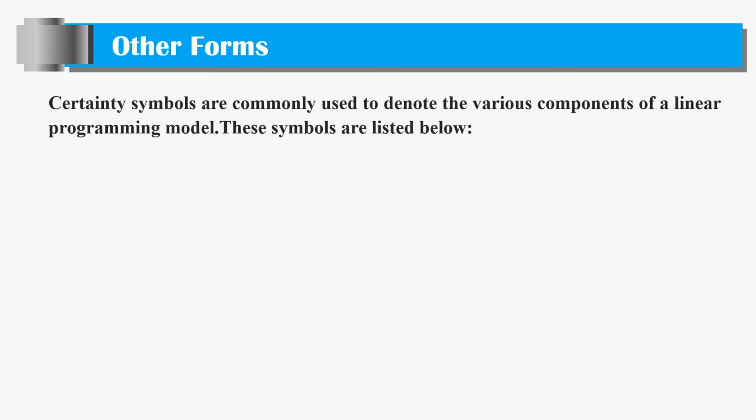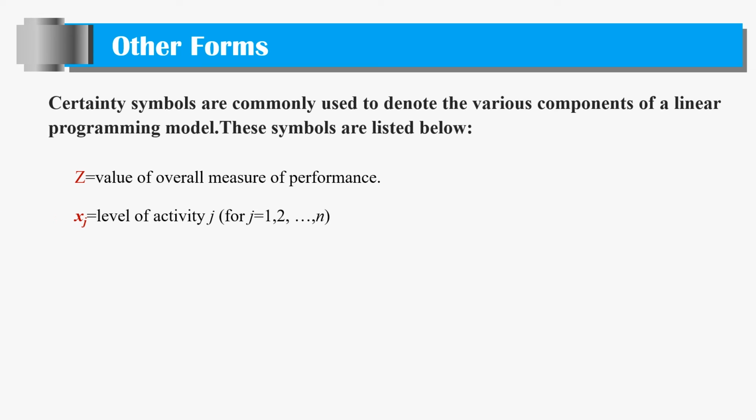In a linear model, we generally describe Z as the value of the overall measure of performance, meaning the objective value. Xj describes the level of activity j, that is production.